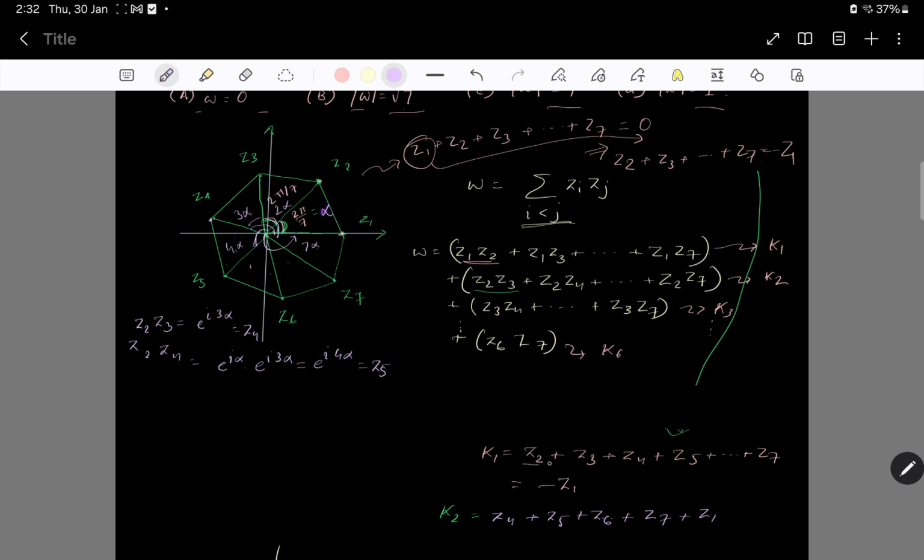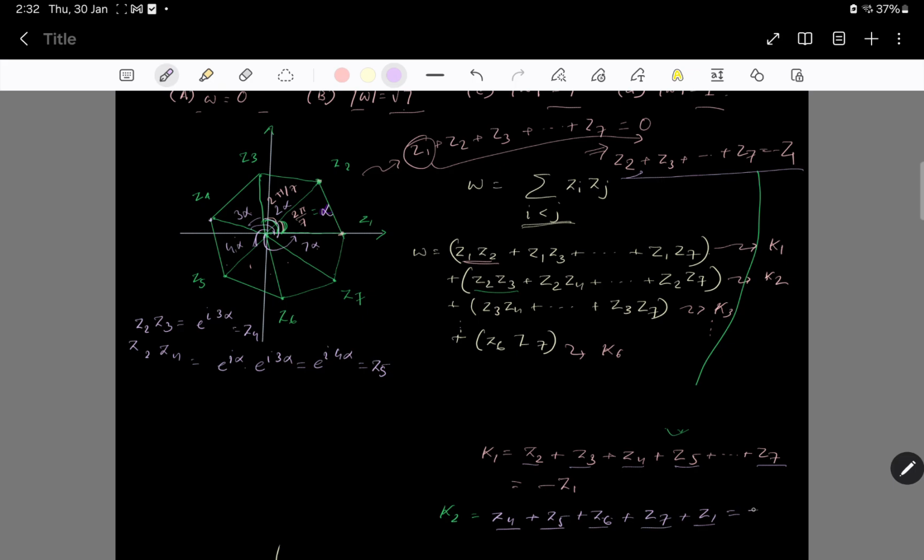So observe that here we are starting with 2, then 3, then 4, then 5, then 7. And here we started from z4, z5, then z6, then z7. After that we return back to z1, which means this summation is like the one we figured out previously.